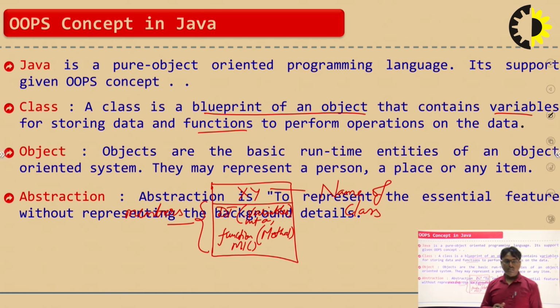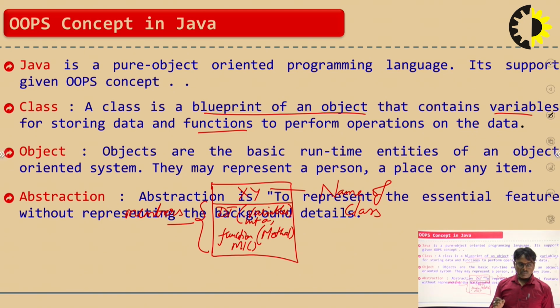Abstraction represents the essential features without representing the background details. For him, he does not have to understand what the background contains, but only has to interact directly with the system or application software: how this particular activity will be performed, what data has to be entered there, or what activity has to be performed here, simply by visualizing the screen or interface presented in front of him.